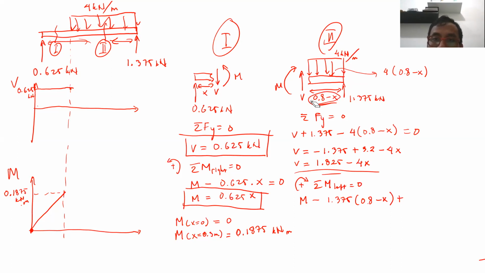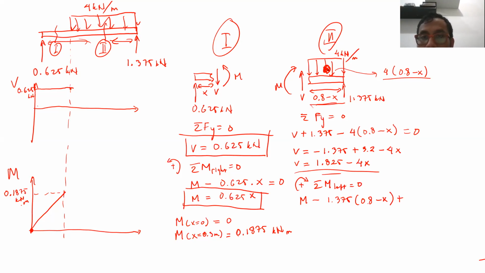Because as usual, whenever we have distributed force like this, in order to calculate the moment, we have to calculate everything from the centroid. So the concentrated force which represents this 4 kilonewton per meter will be 4 kilonewton per meter multiplied by the distance 0.8 minus x, and the location of the concentrated force is exactly in the middle.